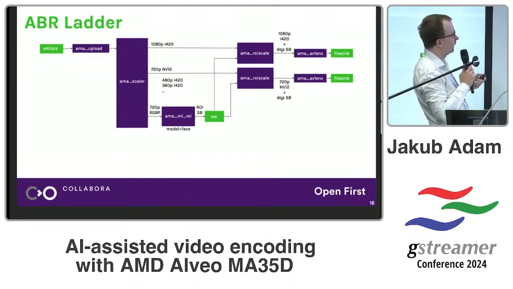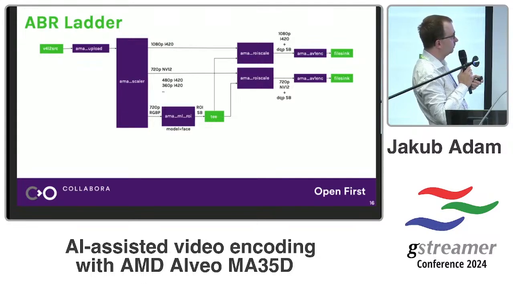AMA scaler can produce several outputs at a time, not only two. So, for example, here you can have some live source webcam. In this case, you have to upload the frames into the memory of the MA35D card.